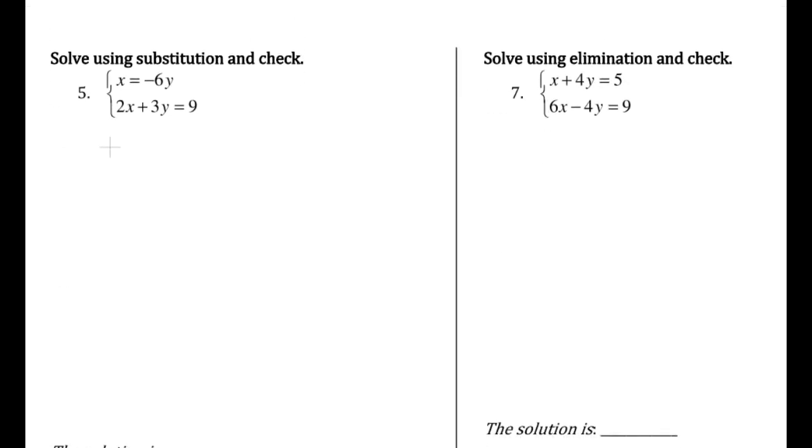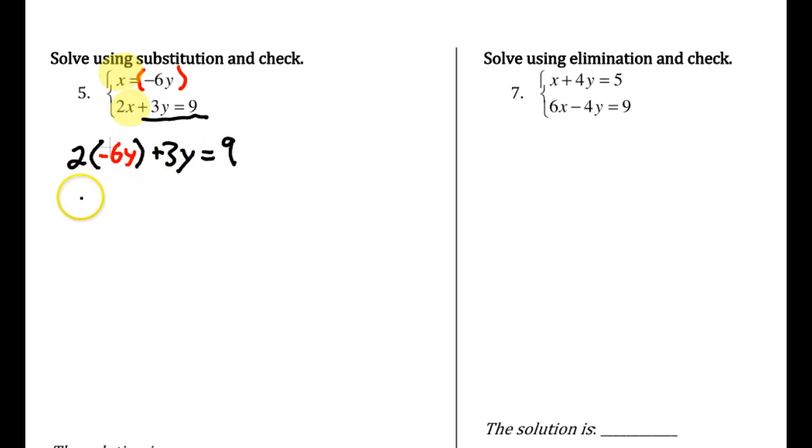All right, so let's use a little substitution here. x equals -6y. Okay, so this x right here is the same as that x right there. So I got 2, and x equals -6y, and I got plus 3y equals 9.